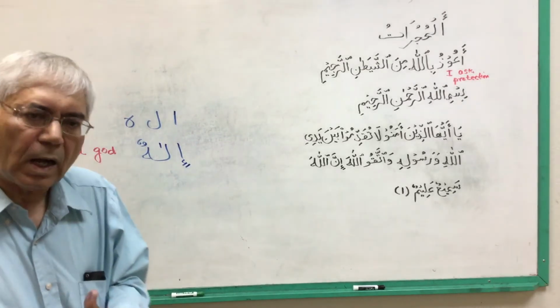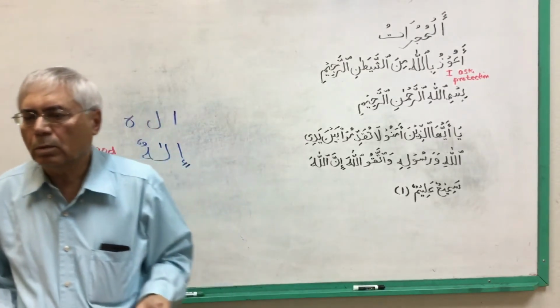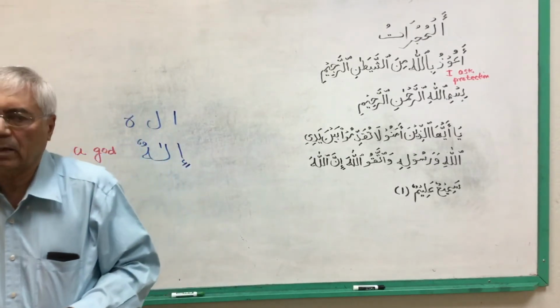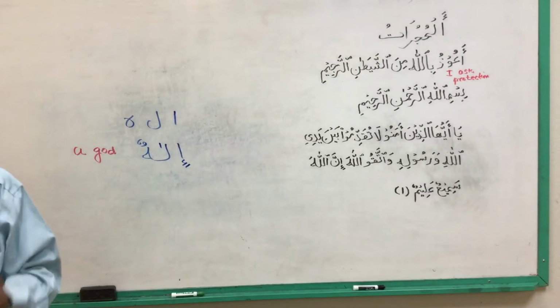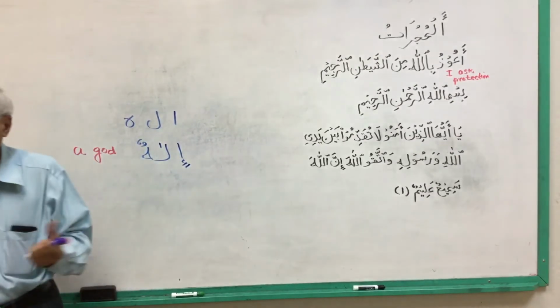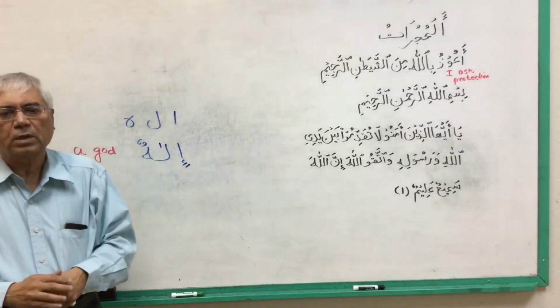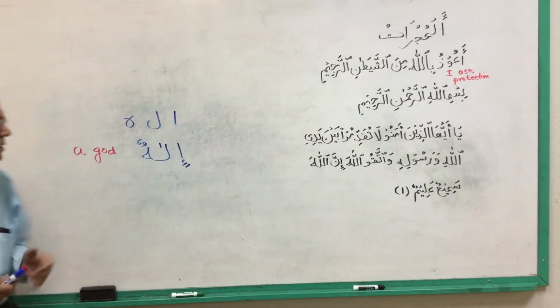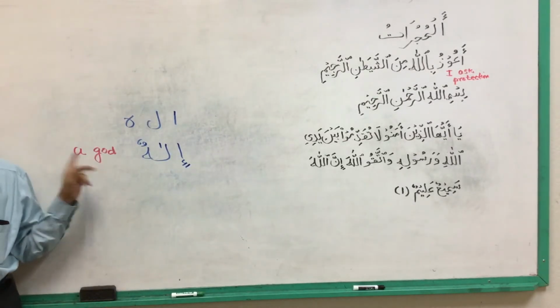What is a God? Anything you are attached with, you love, you worship, that thing is your God. Your desire. Anything that you are associating yourself with, submitting yourself to, is a God. In English, they prefer to write it with a small g.